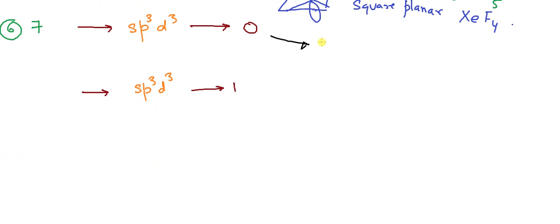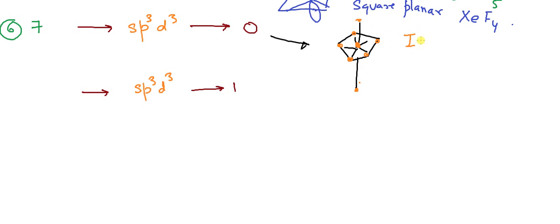So the structure here is pentagonal. You need to form 7 bonds. First 5 in the plane, 3, 4, and 1 at the top and 1 at the bottom. So from the center it is forming the bonds. So 7 bonds.